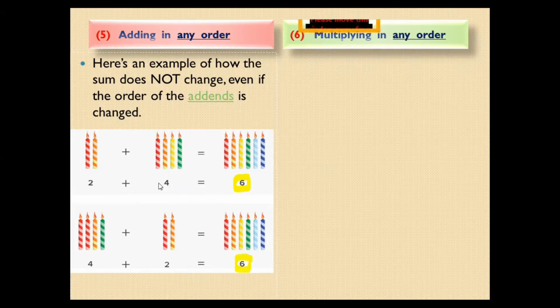If we switch these two addends, 2 and 4, and write 4 at first and then 2 second, the sum of 4 plus 2 is also 6. So 2 plus 4 equals 6, the same as 4 plus 2 equals 6.